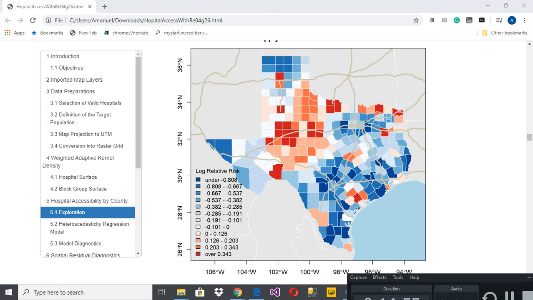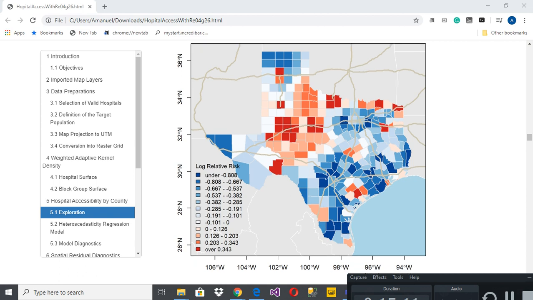shows that all these metropolitan counties are underserved, and the areas with red color are overserved with over 0.343, and above that.